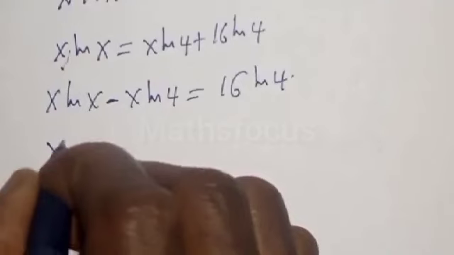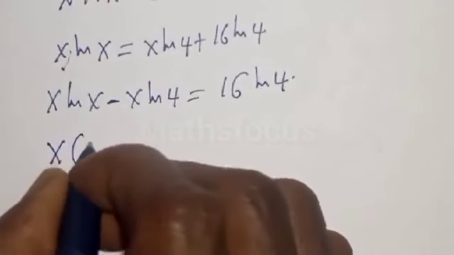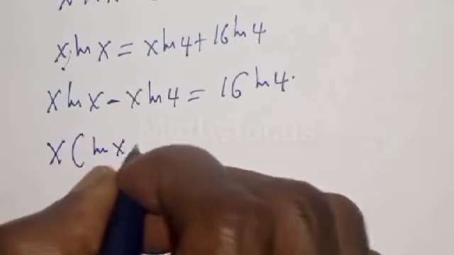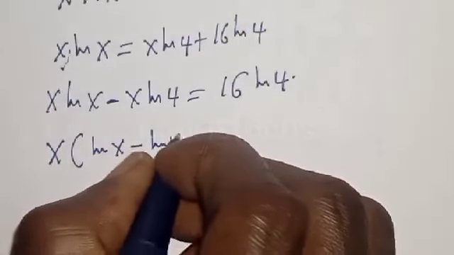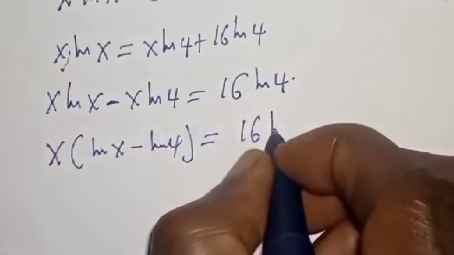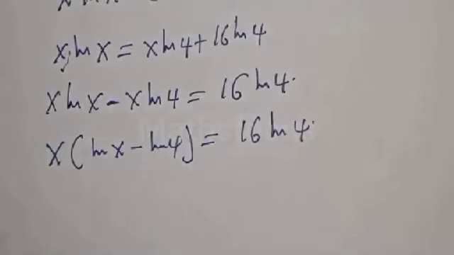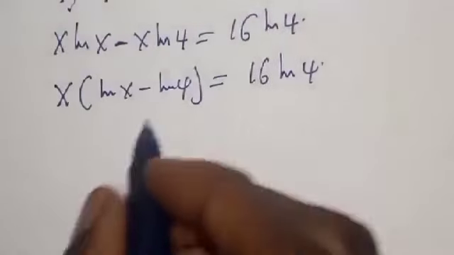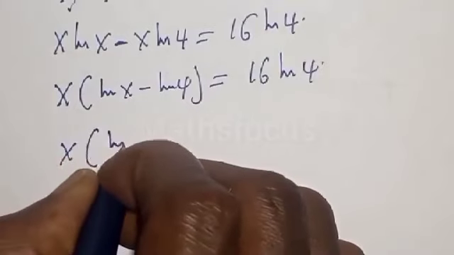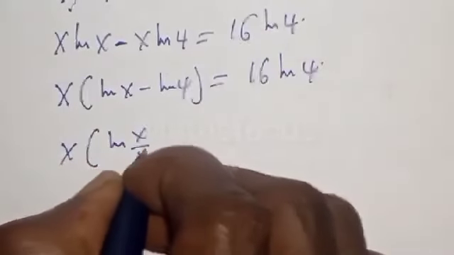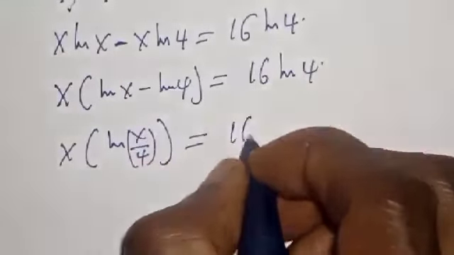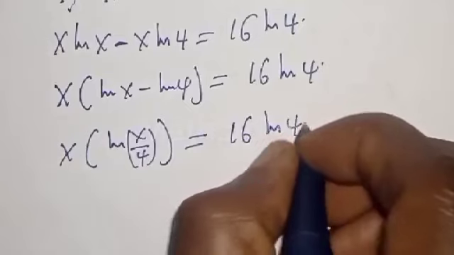We have x into natural log of x minus natural log of 4 is equal to 16 natural log of 4. Now, what we have in bracket, we have x into natural log of x over 4 is equal to 16 natural log of 4.